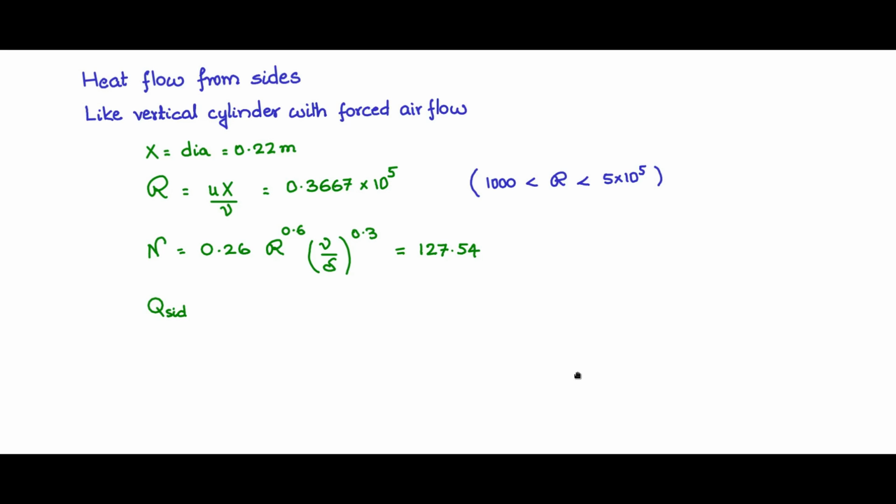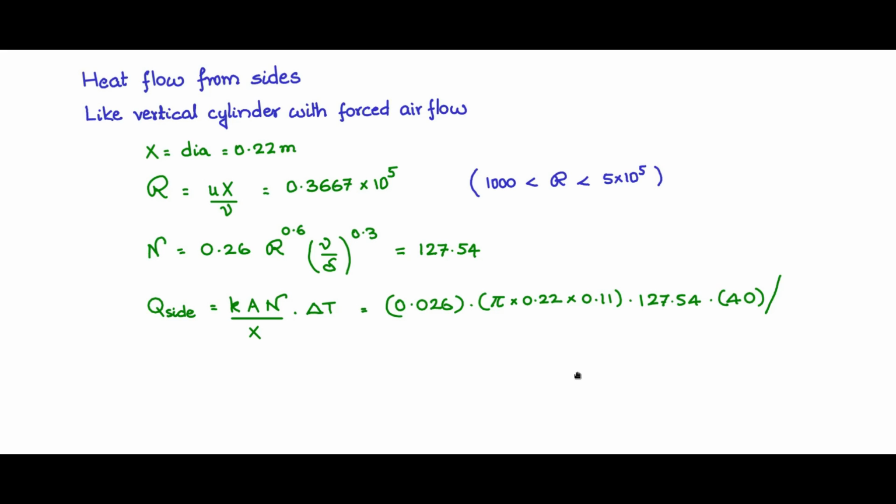Now Q side, the heat flow from the sides, can be found out from k a Nusselt's number by x, into delta T. Substituting, you have the thermal conductivity, the area of the sides, pi into d into h, into Nusselt's number 127.54, into delta T 40 degree Kelvin, by x, which is 0.12, and this comes out to be 45.83 watts.